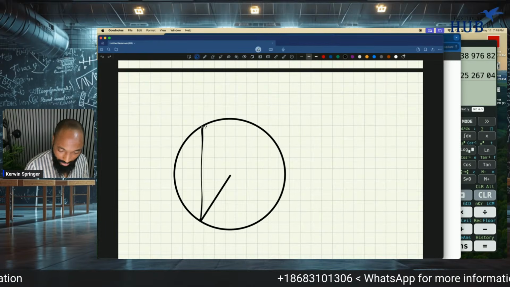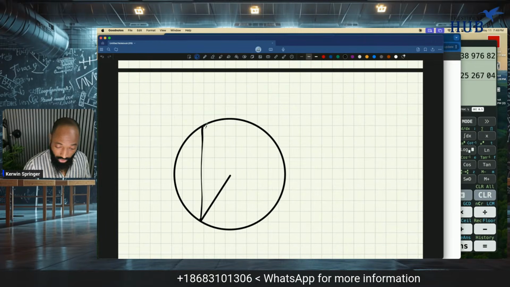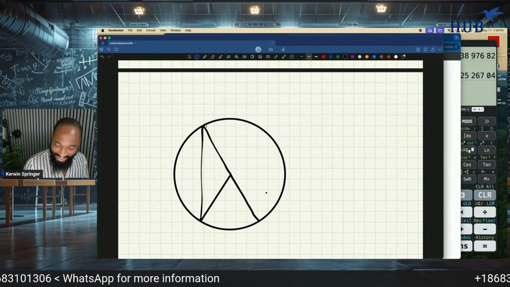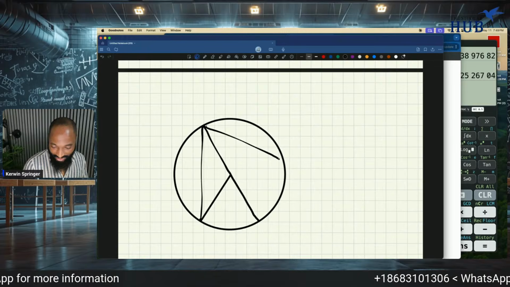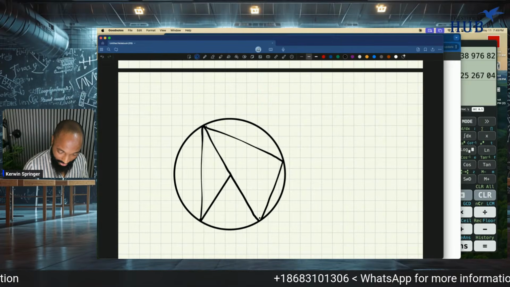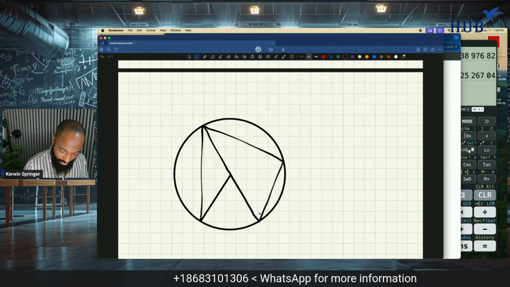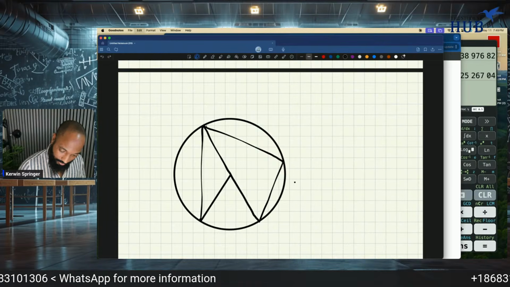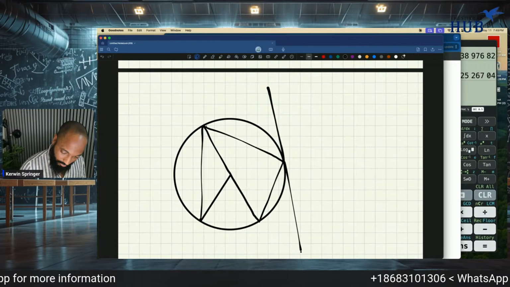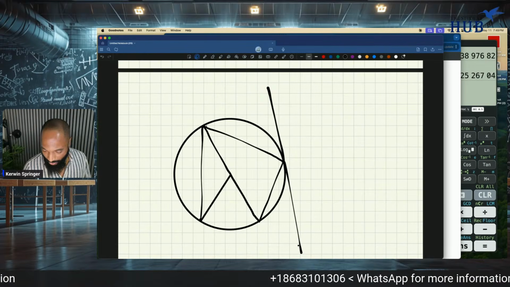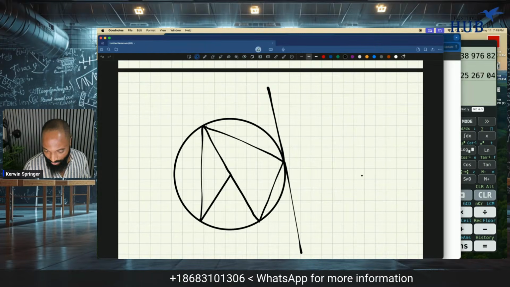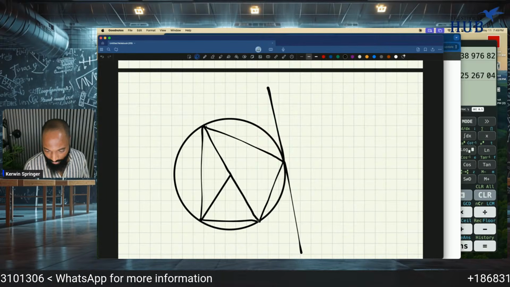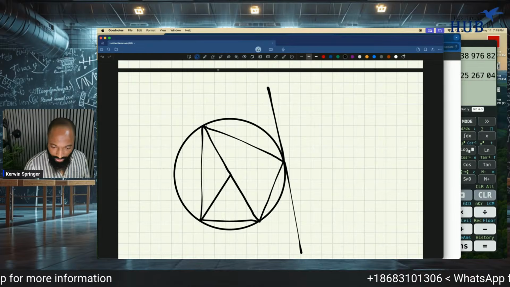Fine, if you want to be a straight line, be straight. And then let's do this, and then let's do this here. That looks simple enough.